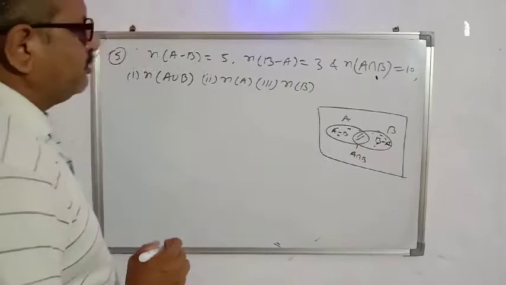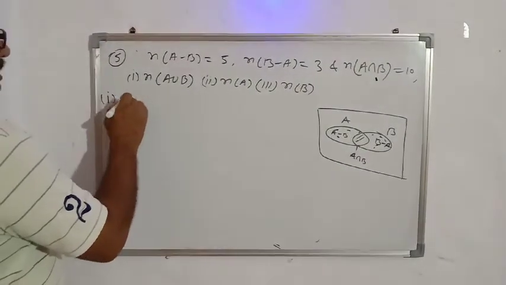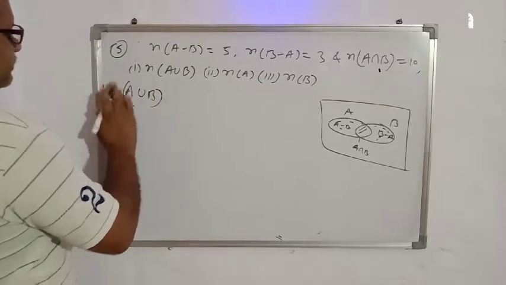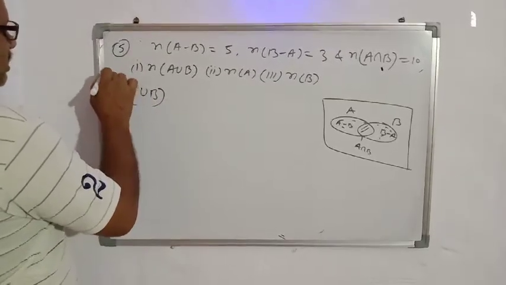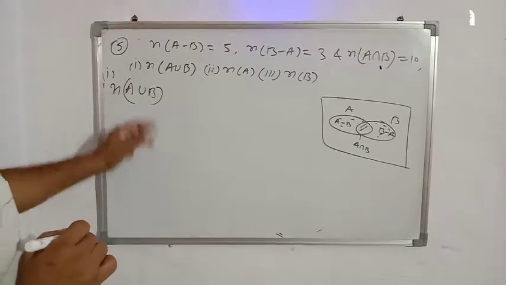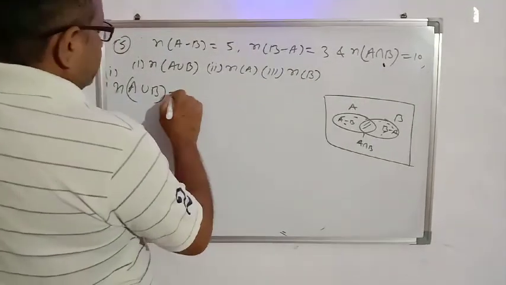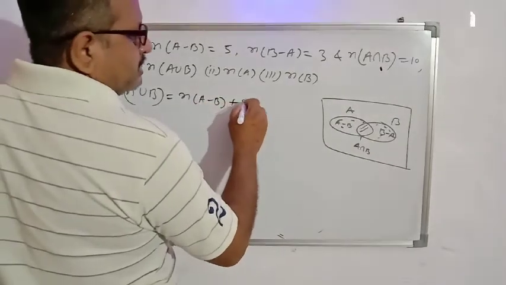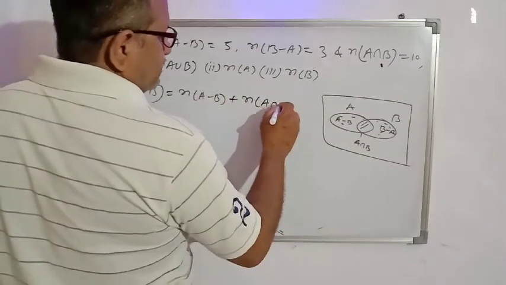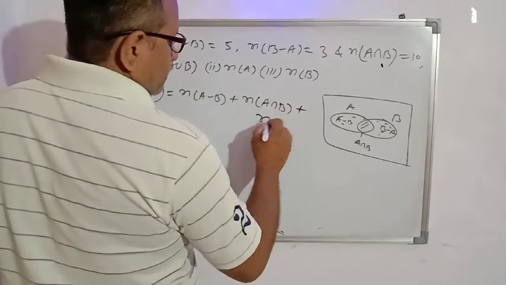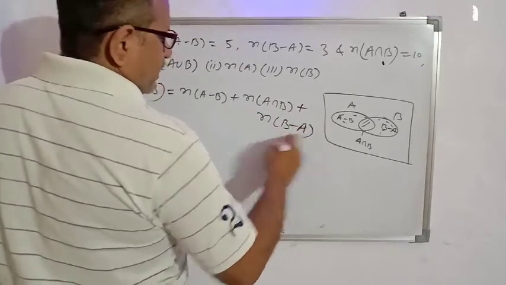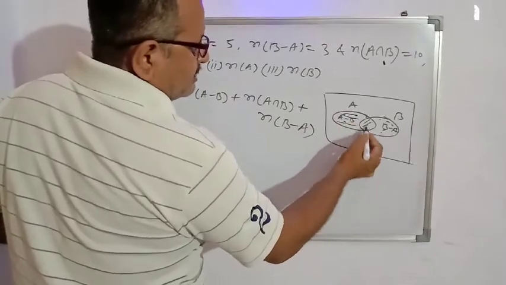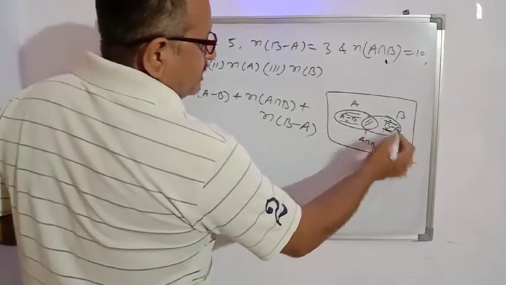So what will be A union B? The cardinal number of A union B, we can write n(A minus B) plus n(A intersection B) plus n(B minus A). n(A minus B) means this region, n(A intersection B) the common region, and n(B minus A) is this part.